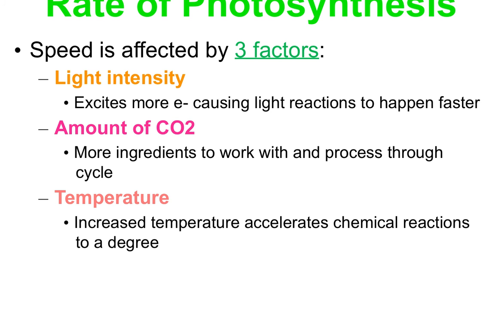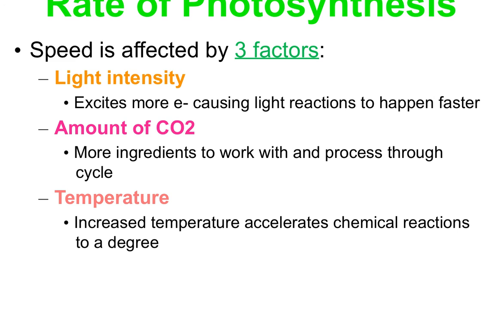All right, photosynthesis can be sped up by 3 different major ways, like light intensity. So the more intense light, the more of those excited electrons that you have that cause the light reactions to happen faster. Or you can increase the amount of carbon dioxide, right? Because that gives you more ingredients to work with.